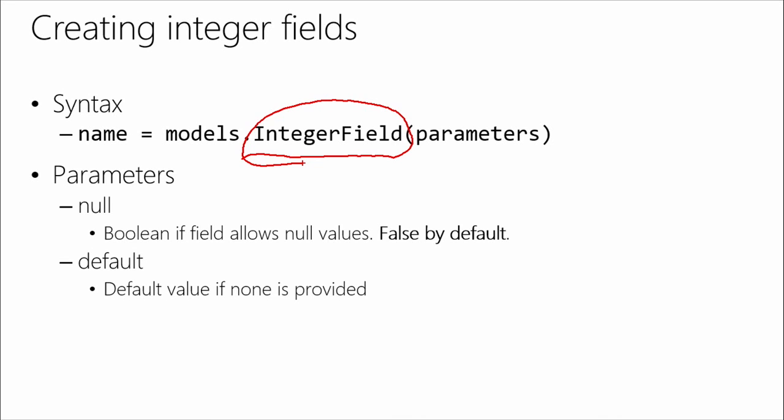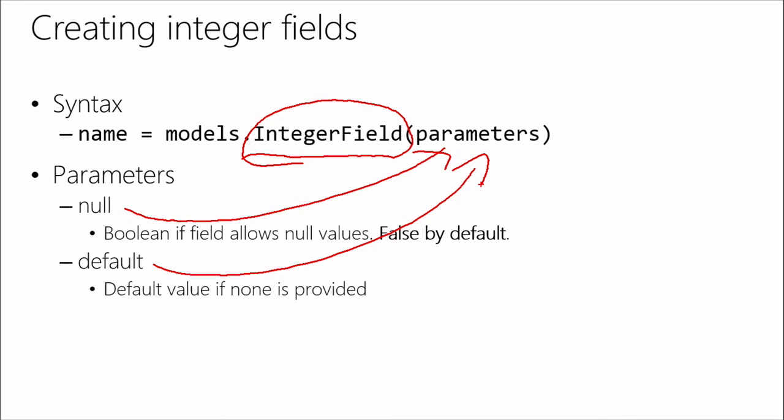So that integer field basically is just saying this field is a numeric data type, not a string data type. But you still have parameters you can specify, such as does it allow null values? You can have default values. You won't bother specifying a size because that's determined by whether you pick integer field or positive integer field and so on.